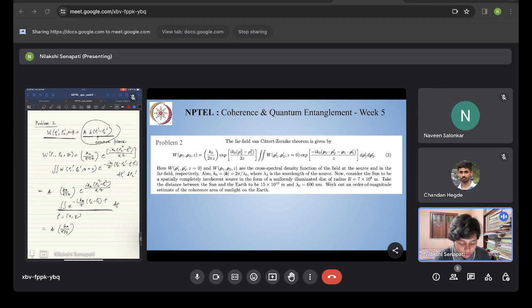So this is e to the power i k0 (x2² plus y2² minus (x1² plus y1²)) by 2z, integral from minus r to r of e to the power minus i k0 Δx by z dx, and integral from minus r to r of e to the power minus i k0 Δy by z dy.